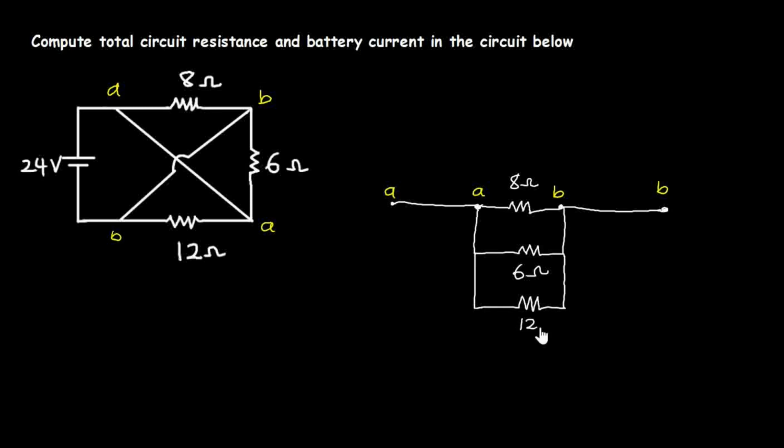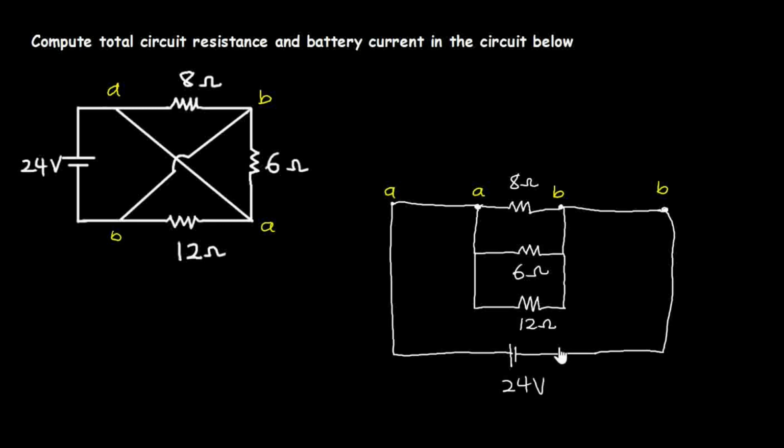And then we have the voltage source connected between node A and node B. This is the 24 volts voltage source. And you see that all the resistors are in parallel connection.